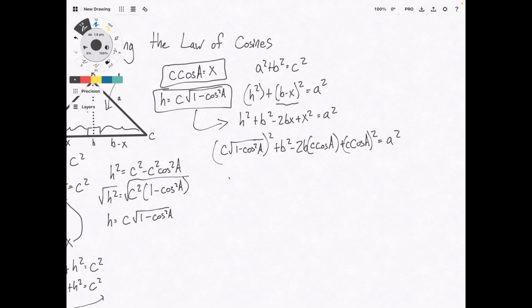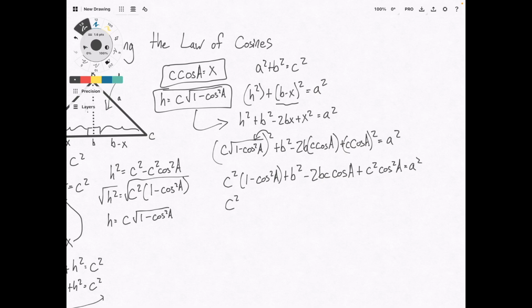We'll multiply this out. c squared times 1 minus cosine squared A, so this cancels out the radical, plus b squared minus 2bc cosine A plus c squared cosine squared A equals a squared.